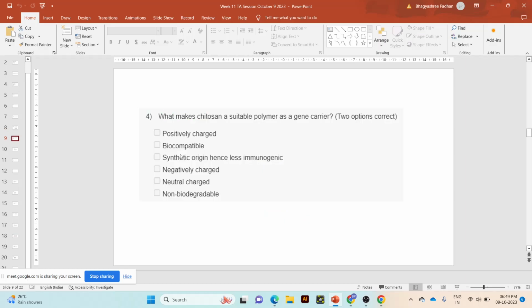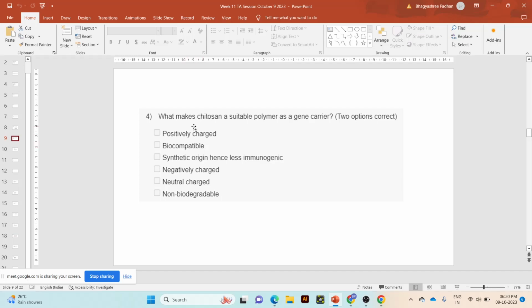Here's the fourth question. What makes chitosan a suitable polymer as a gene carrier? So we discussed before, we want it to be positively charged. Since chitosan is suitable for gene delivery, so positively charged will be one of the correct options. Also, chitosan is a natural polymer and it is biocompatible.